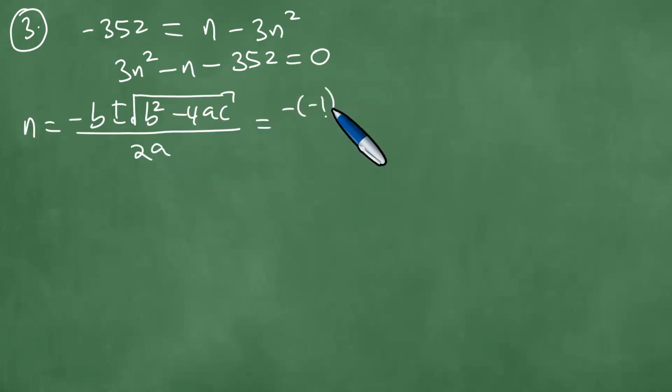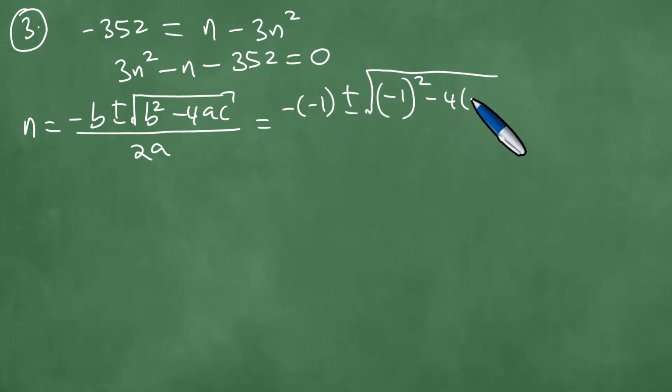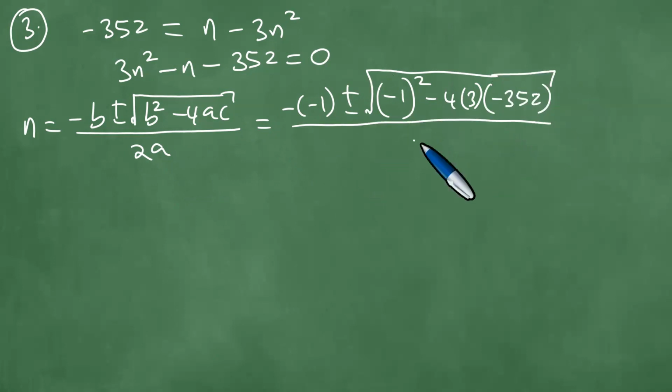Minus b. The b is minus 1, squared, minus 4. A is 3, and c is minus 352.